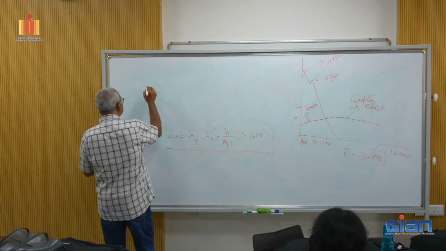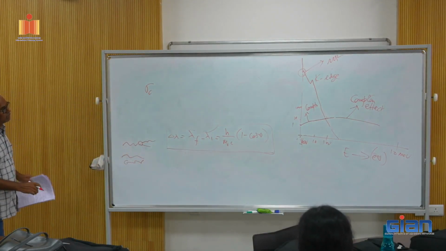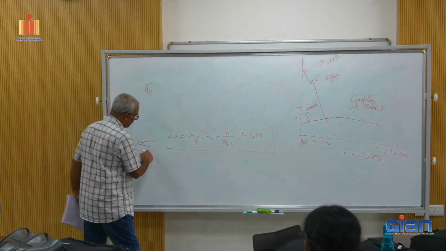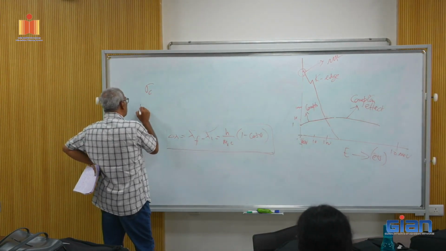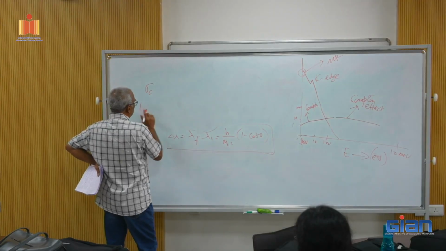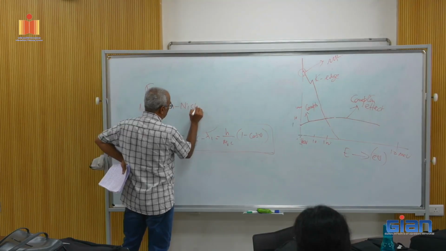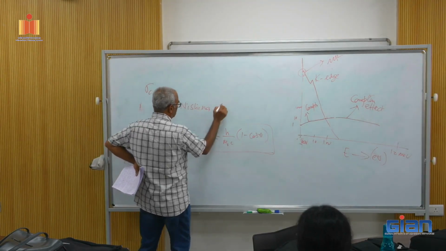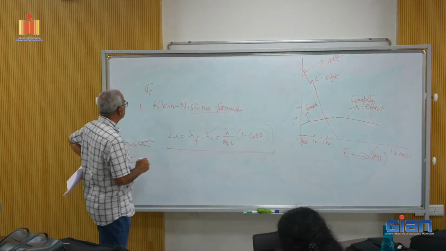The cross section sigma c can be best represented for this electron-photon scattering by quantum electrodynamics, the Klein-Nishina formula. We will not derive that cross section; I'll just write it straight away.